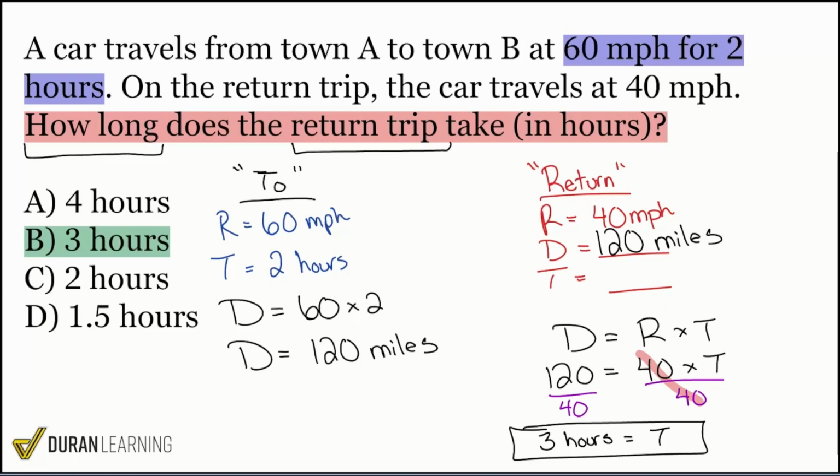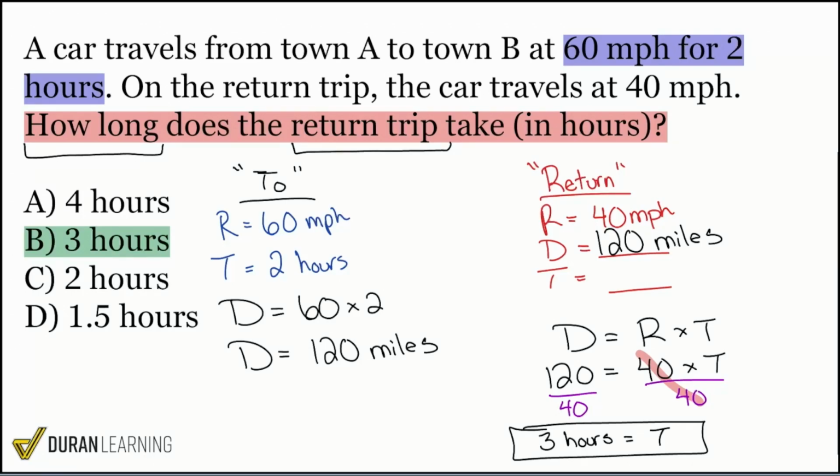And if you want to think about it even more, this answer makes a lot of sense because, everybody, what happens to the time that it takes you to drive if you slow down from 60 miles an hour to 40 miles an hour? Is it going to take you more than 2 hours or less than 2 hours? Yeah, it's going to take you more time. If you go slower, it's going to take you more time.